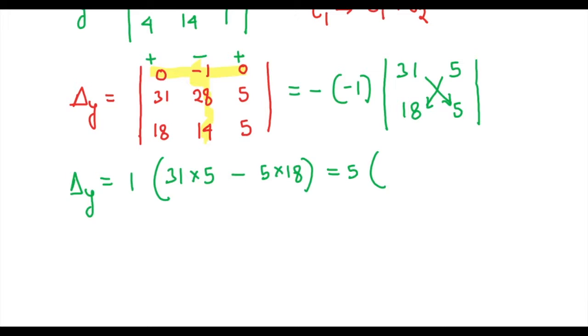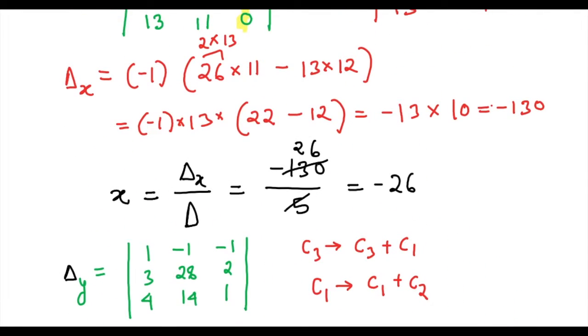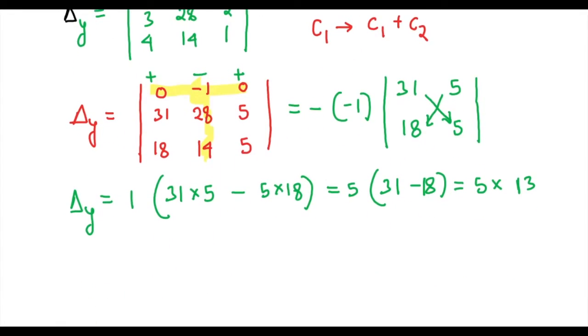This will be 31 minus 18. 18 minus 31 how much will it be? 5 into 13. So this will be 5 into 13, and we have to find the value of y.